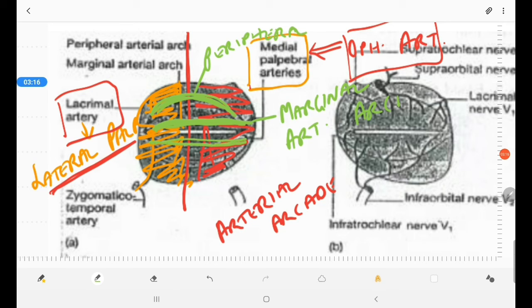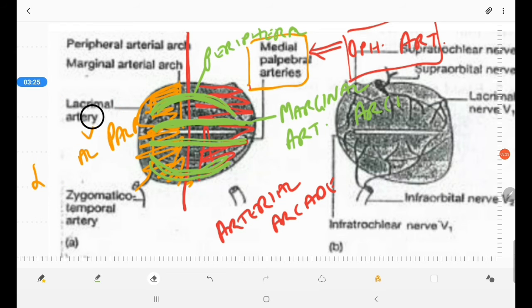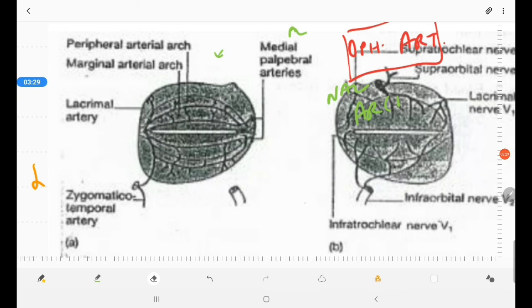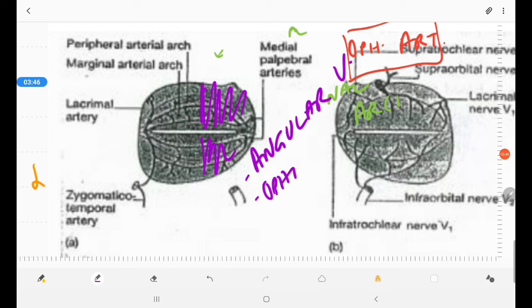Similarly in the lower lid as well. With respect to the drainage system, that is the venous drainage system of the lid, we should know that the medial part drains into the angular vein and ophthalmic vein.